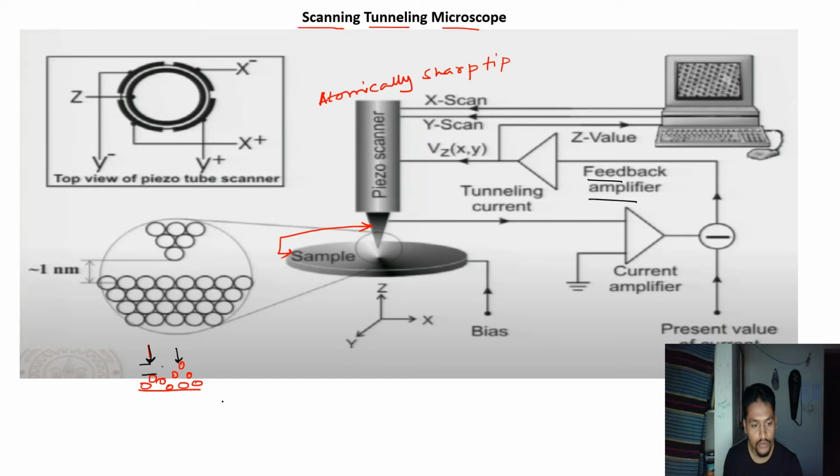Now some molecule comes, so it will again go back. Again, there is a molecule, it will again come back. So like that, the height of the tip is always adjusted following the feedback loop.